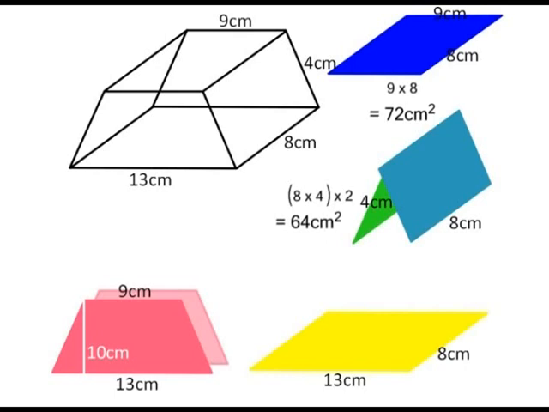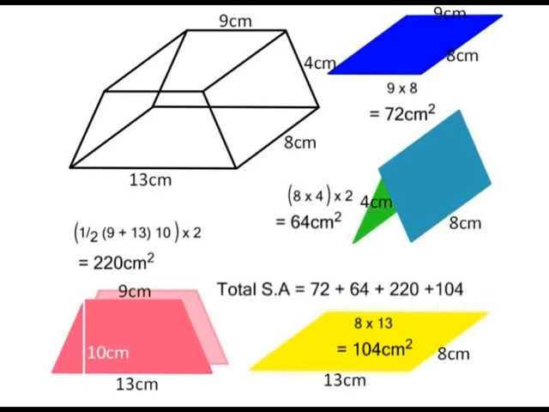The trapezium area is a half a plus b times height, that gives us a half 9 plus 13 times 10, and there are 2 of them, that gives us 220 square centimeters. Lastly, the yellow rectangle 13 times 8 gives us 104 square centimeters. Total surface area 72 plus 64 plus 220 plus 104 gives us 460 square centimeters.